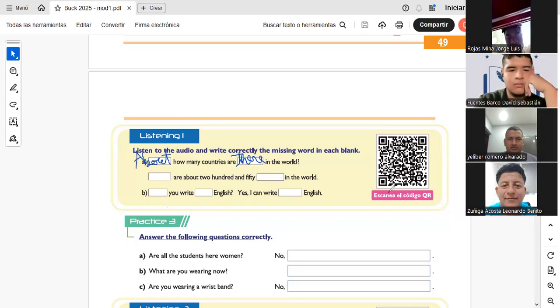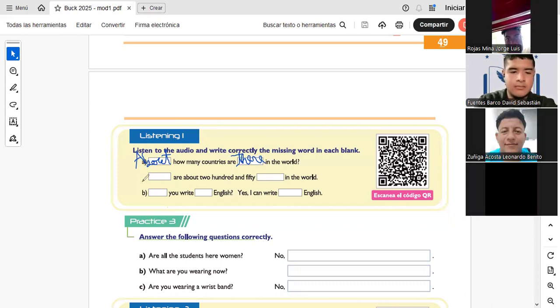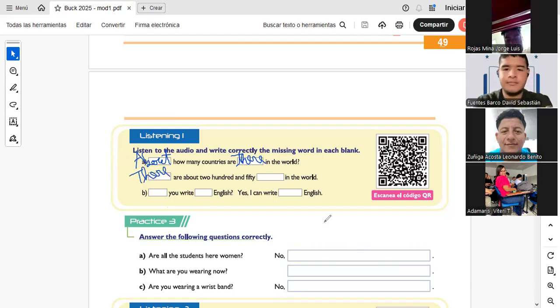There are. Okay, that is correct. Jellybear Romero, right? So we continue with the second sentence, and it says, there are. Who is my next volunteer? Adamaris Viteri. There are about, can you continue?